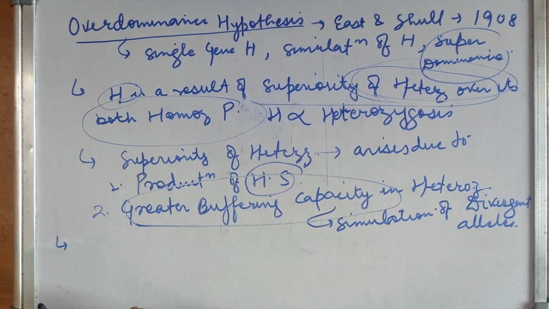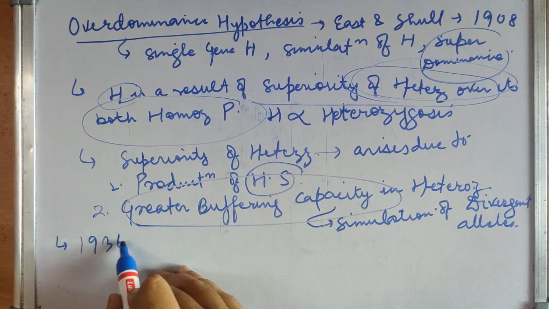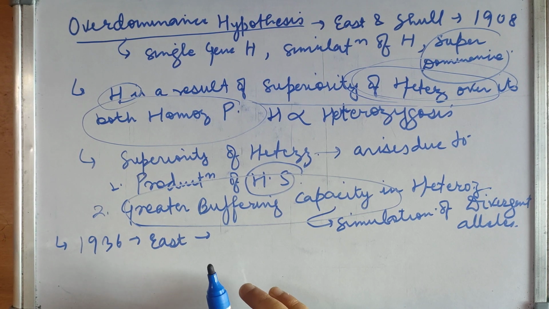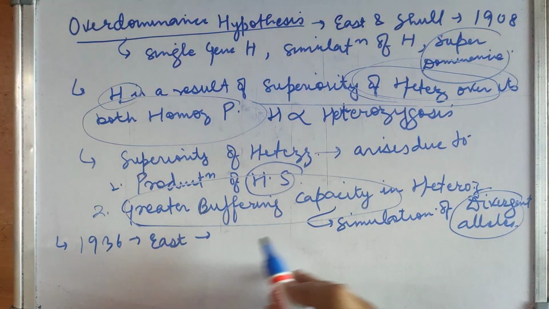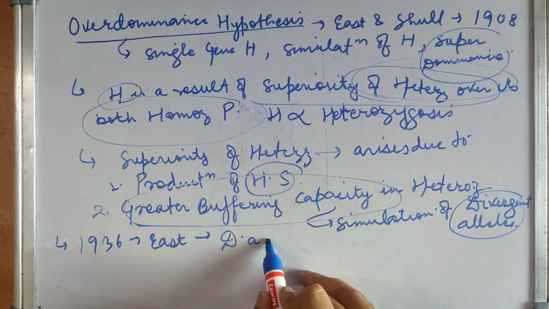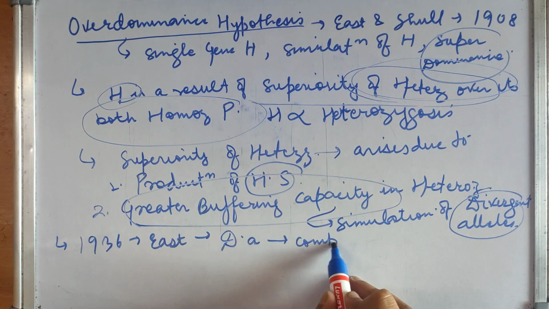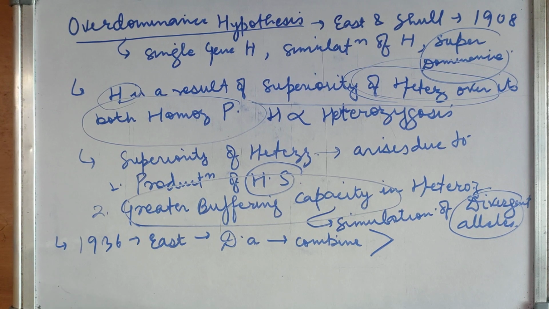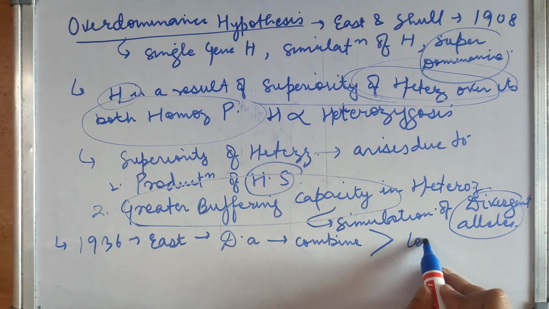In 1936, East further elaborated that a combination of more divergent alleles will exhibit higher heterosis than less divergent alleles. When these divergent alleles combine, they will show more heterosis in relation to less divergent combinations.